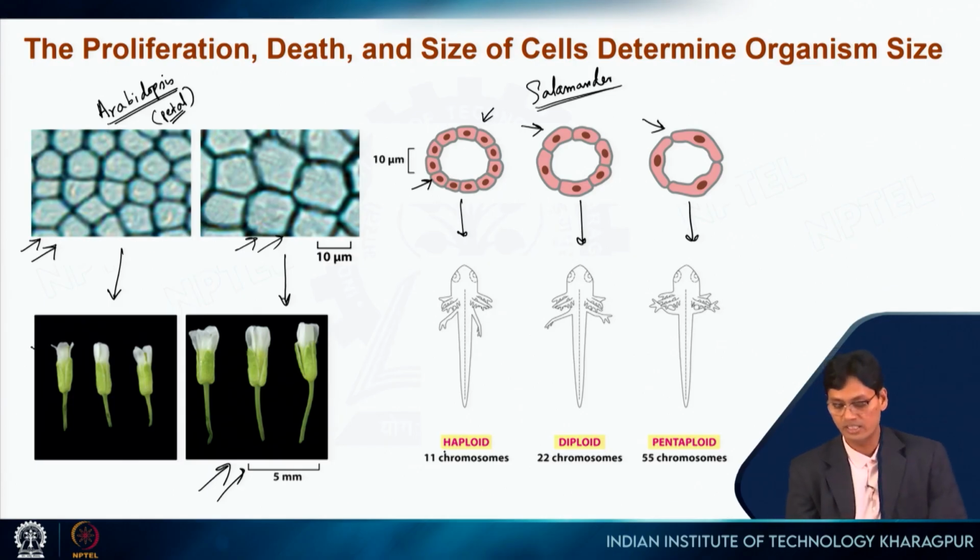As you can see, this is haploid, this is diploid, and this is pentaploid. Whatever we observe in Arabidopsis is not happening here in salamander. Here, the increasing cell size is compensated by lowering the number of cells, so that they can control the overall size of this salamander, and everything happens properly.